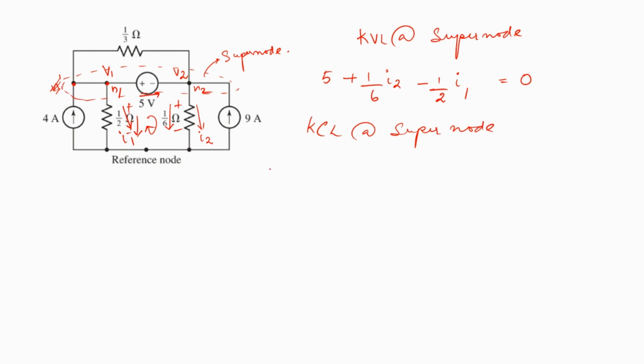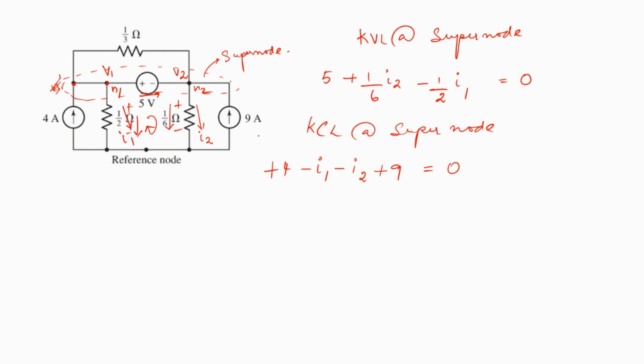So we have 4 amps entering, so plus 4, and we have I1 leaving, so minus I1. We have I2 also leaving, so minus I2, and 9 amps entering, so plus 9. All this put together is going to be equal to 0.